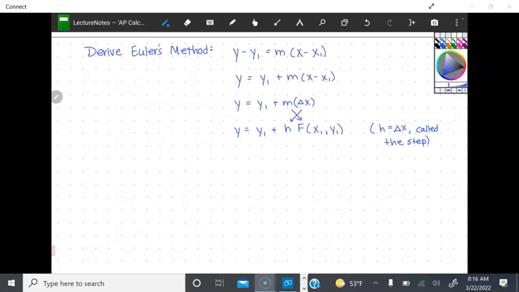I'm just going to change one little thing, and here's the actual Euler's method formula. So y sub k plus 1 equals y sub k plus h times the first derivative in terms of x sub k, y sub k.